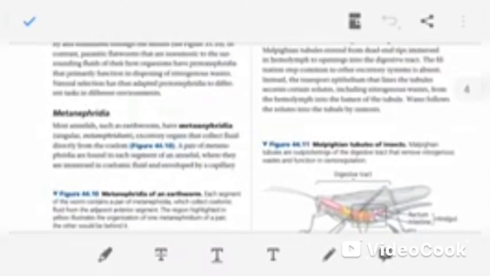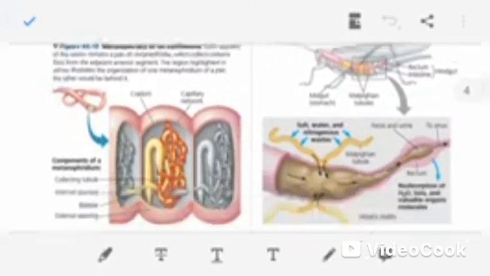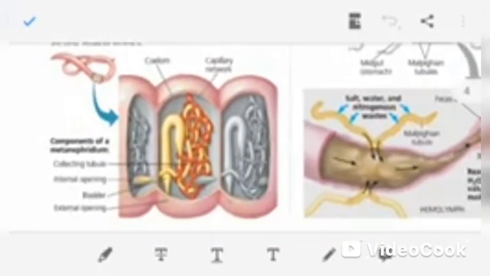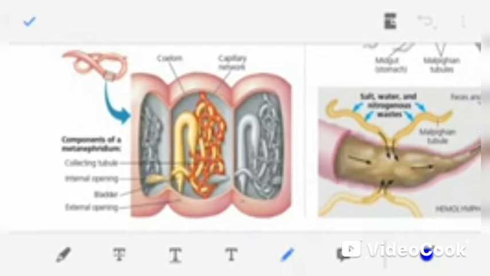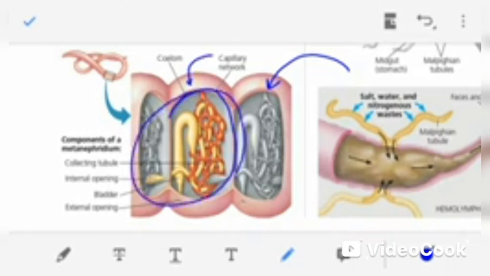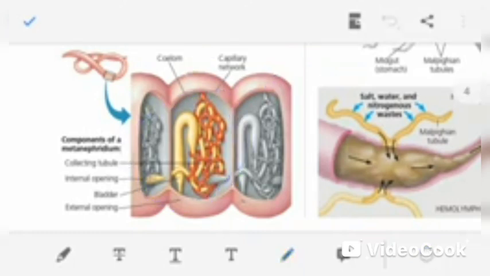So first, let us look at the structure of the metanephridia. Let me show you the metanephridia first. This is a segment of an earthworm, and this entire structure is the metanephridia.